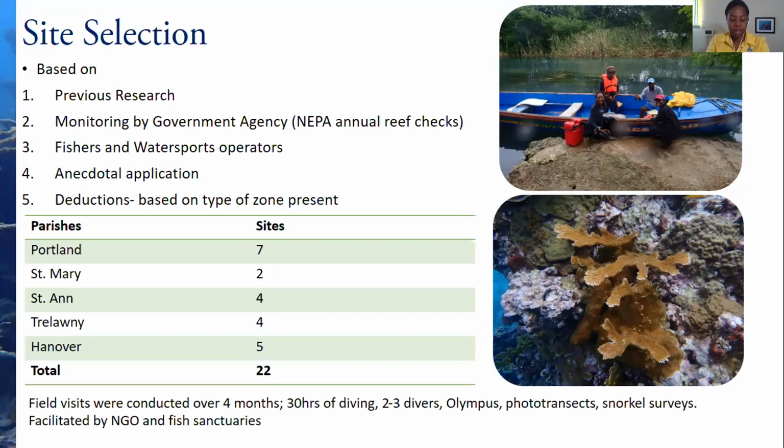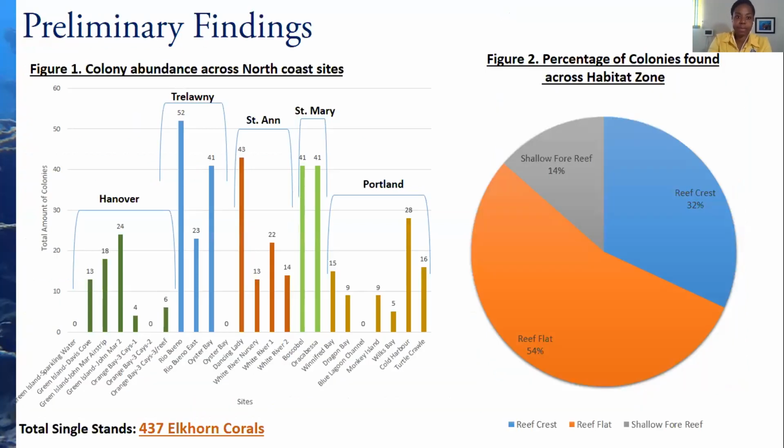This was done by snorkel and dive surveys conducted by myself and 1 to 2 other divers, and data was collected by general observation and the use of photo transits with the Olympus TG5 camera. Field visits were facilitated by NGOs or non-governmental organizations and or fish sanctuaries.